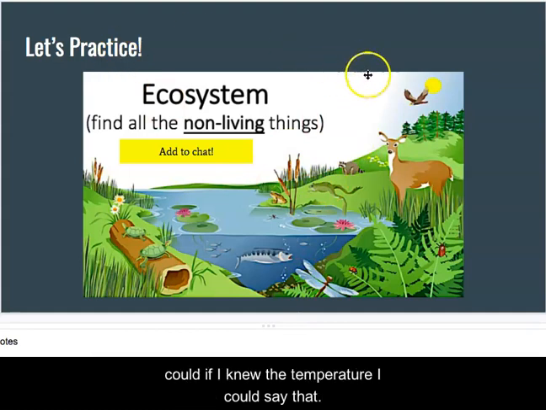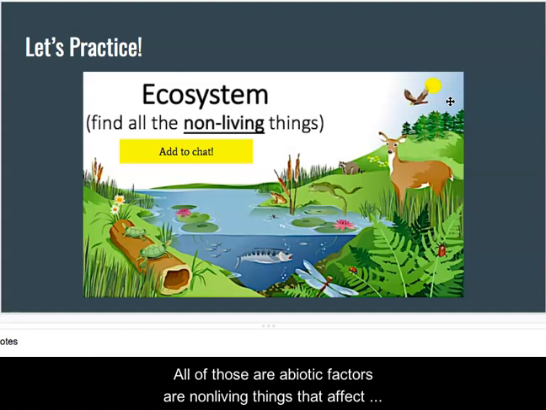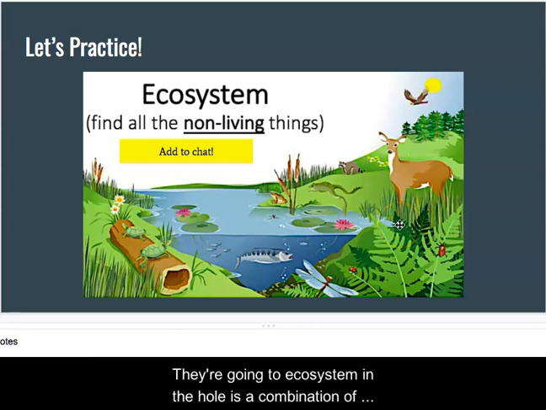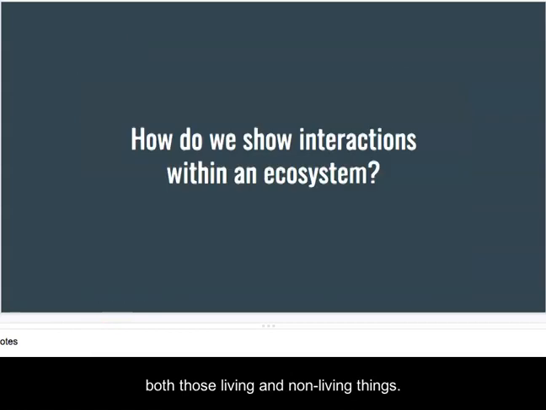I could say light. I could, if I knew the temperature, I could say that. All of those are abiotic factors, non-living things that affect the organisms that live there. So again, the ecosystem as a whole is a combination of both those living and non-living things.